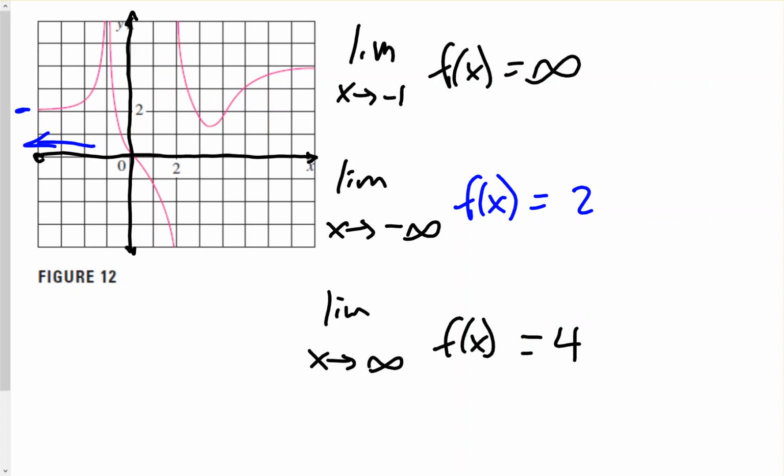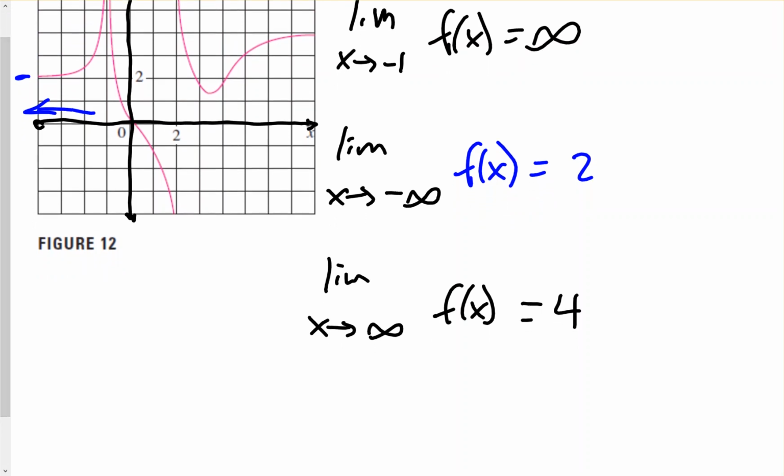Okay, and then there's one more we didn't discuss. We got another vertical asymptote here at x equals 2. So we'll do the limit as x approaches 2 from the right.